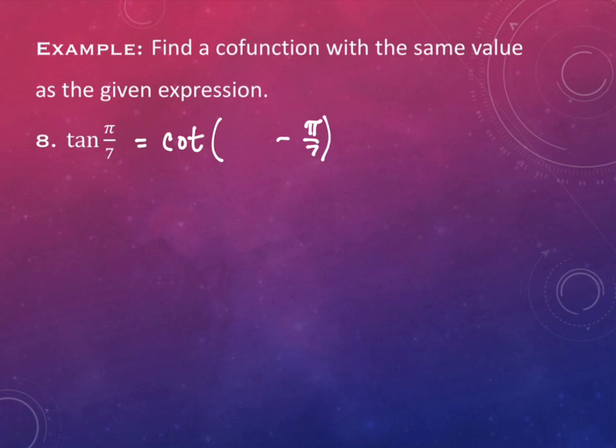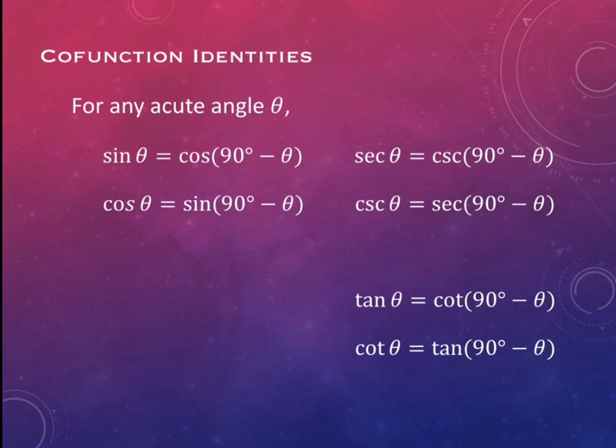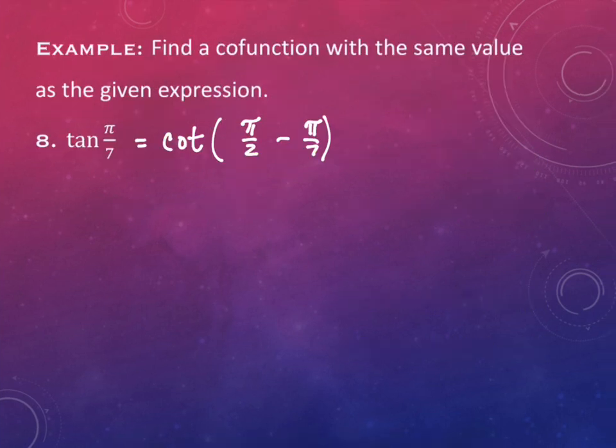But how is 90 written if we're in radians? Because this was given in radians. It's pi over 2. Every single one of these has the same thing if I write pi over 2. Those are equal values. So since I'm working with radians, and I was given pi over 7, I want to use pi over 2. And then you're going to find a common denominator.